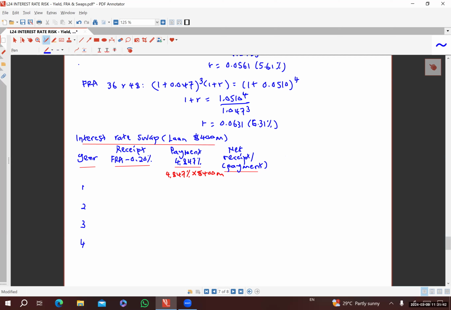The loan is 400 million, so every year it should be 19.388 million payment.